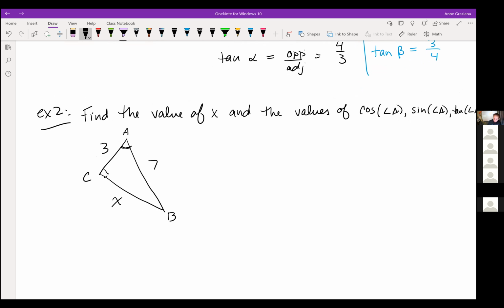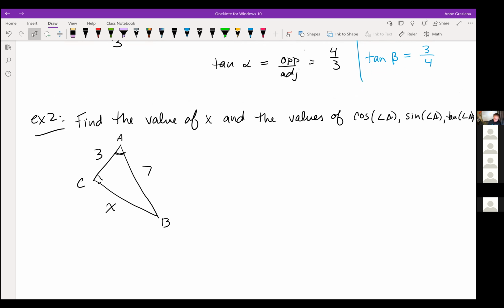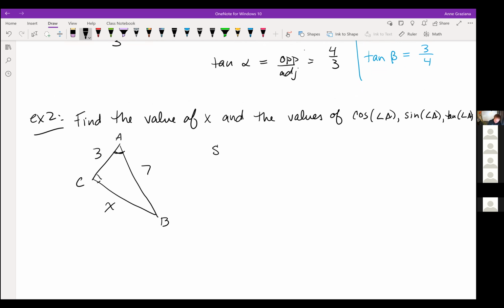Let me call on Jack. What would you say sine of angle A is? And you can use x for right now. Is it 3/7? Well, sine is opposite. Oh yeah, x/7. There you go. And then cosine of angle A is what?